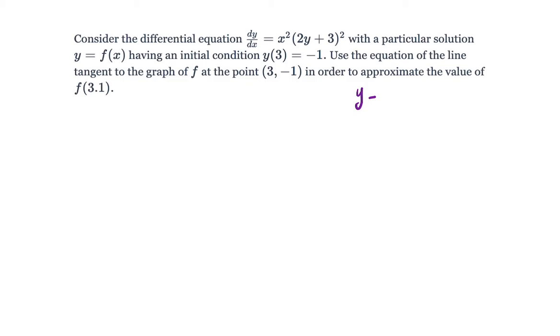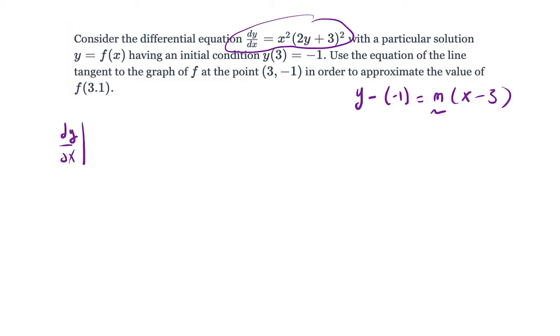So we have y minus negative 1 is the slope m times x minus 3. We just need to figure out the slope using this differential equation. Well, we just need to plug in x is 3, y is negative 1. So we say the derivative of y with respect to x, and so this is a really common notation here. You'll see the point listed down here, 3 comma negative 1, right?